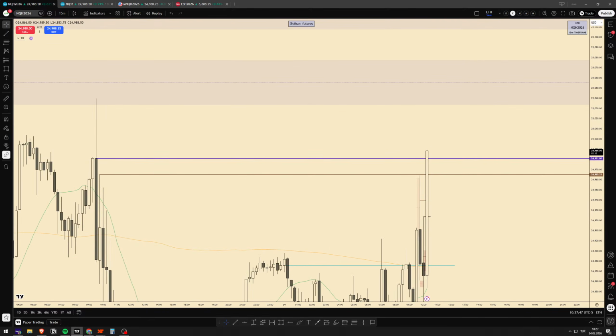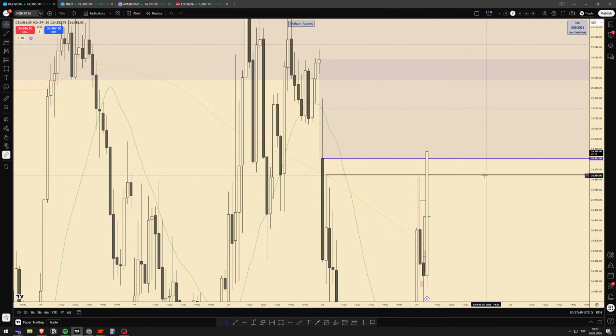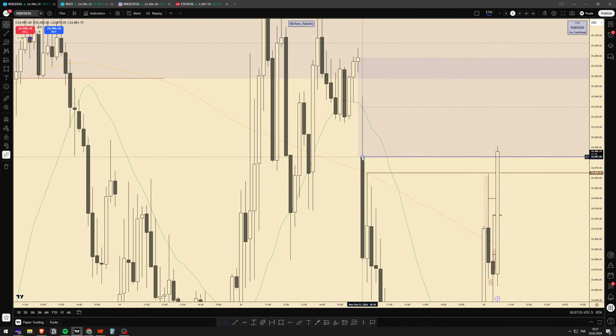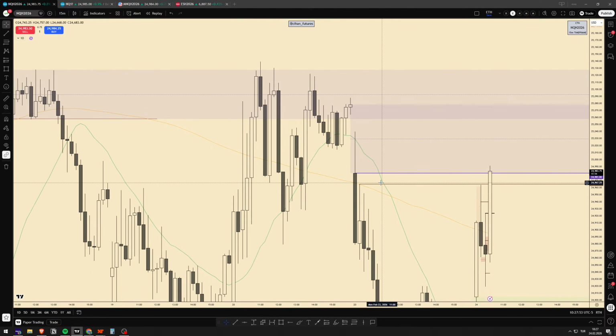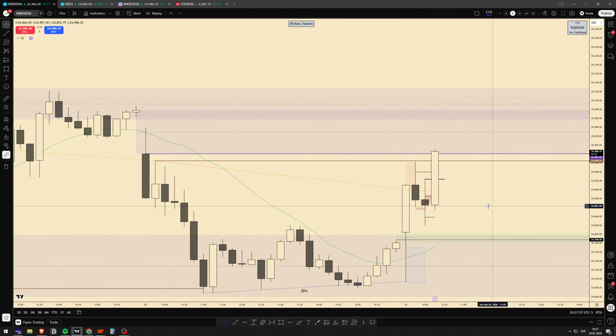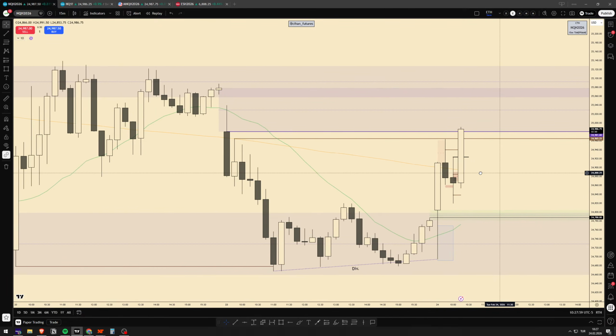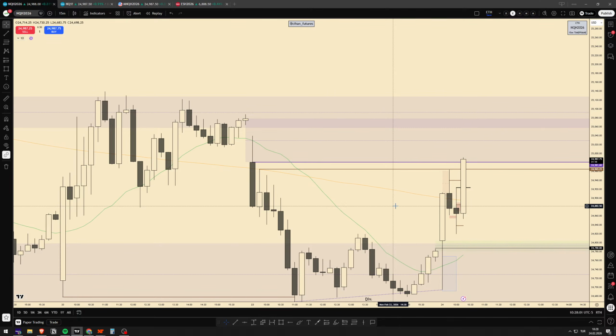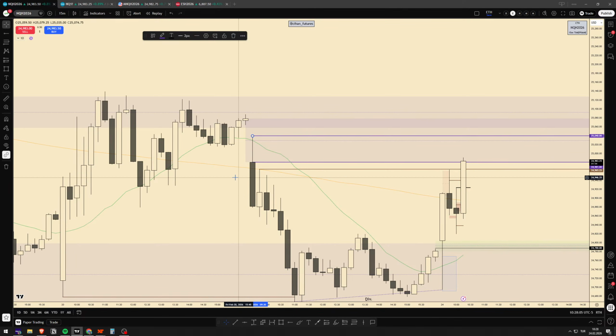So also on regular trade hours, this is the level we drew, right? Price currently seems solid and strong, so I feel like it might want to come to this level.